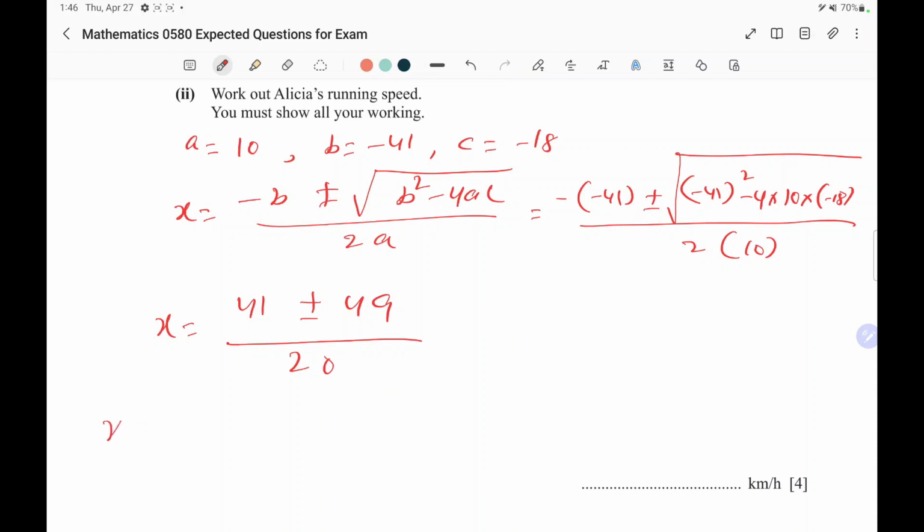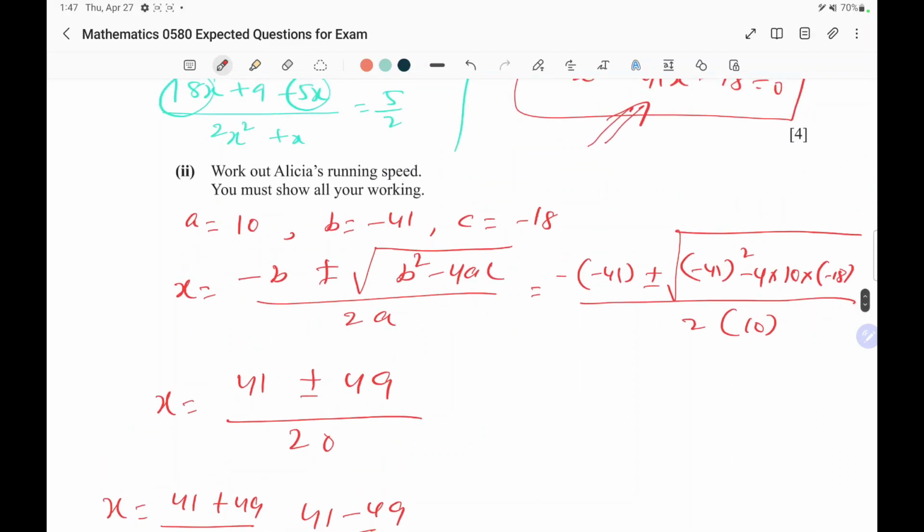So x equals 41 plus 49 over 20, and 41 minus 49 over 20, right? 41 plus 49 over 20 is 4.5, and the next, 41 minus 49 over 20, is negative, minus 0.4, which is not possible. So x is 4.5.